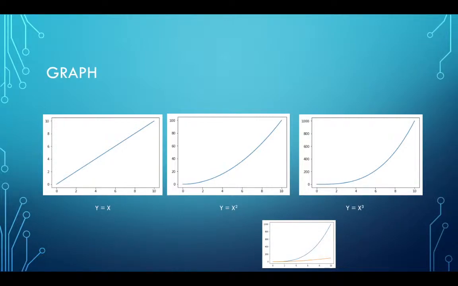For the cube of X, it is also a curve. It seems the second and third graphs are almost the same. But if you put them together in the graph below, you can see that the cube of X is much higher than the square of X.